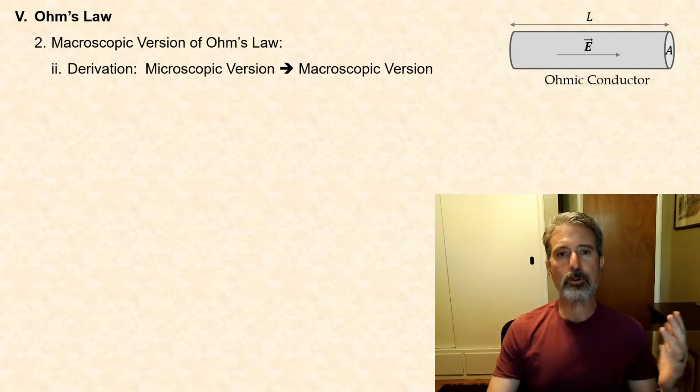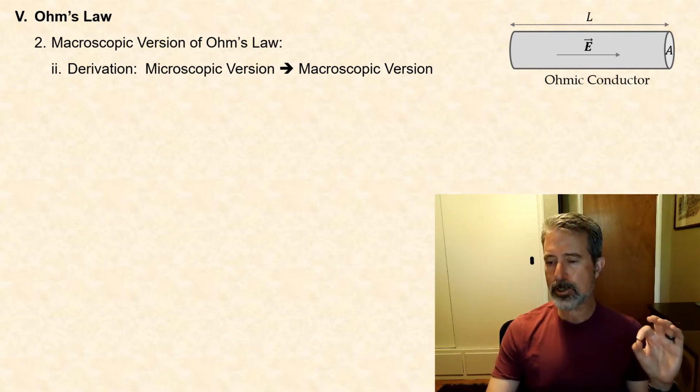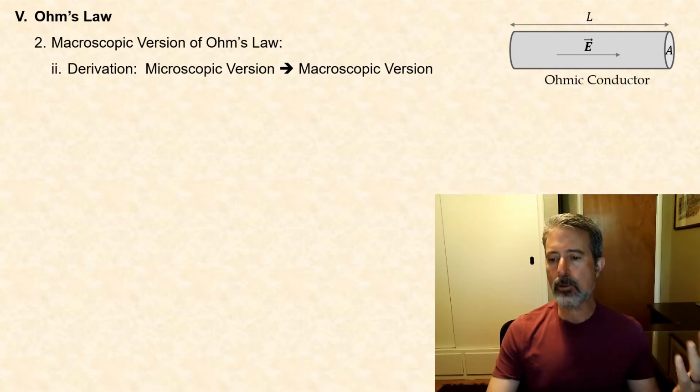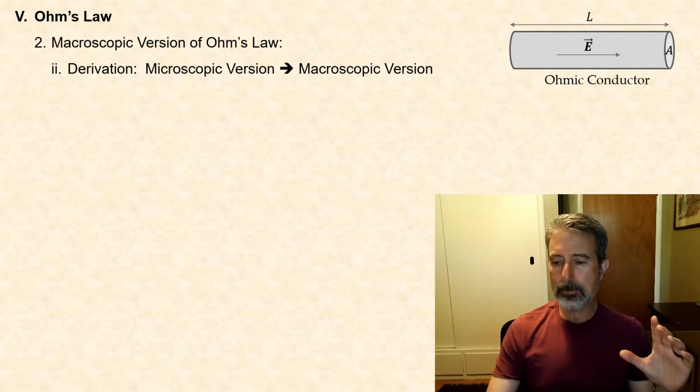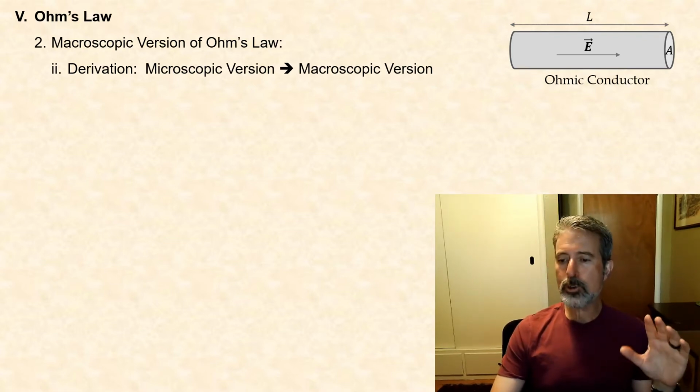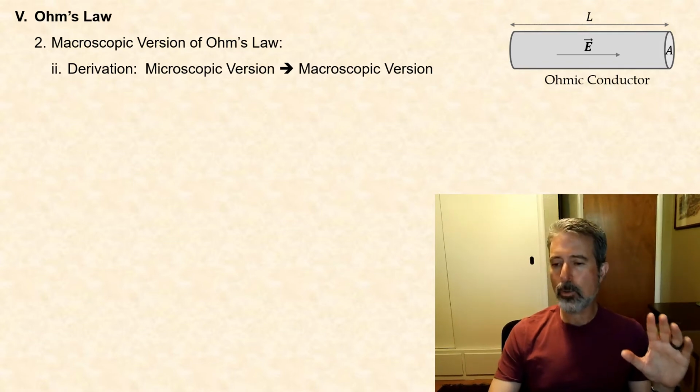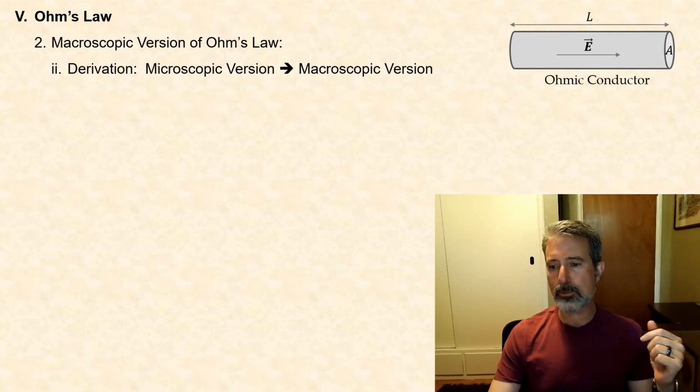In fact, if you look at the very thin tungsten filament of a light bulb, we would classify that as a non-ohmic conductor because it doesn't obey Ohm's law. Also, semiconductors are non-ohmic. But many materials are what we can consider ohmic in that they obey Ohm's law, and most metals do.